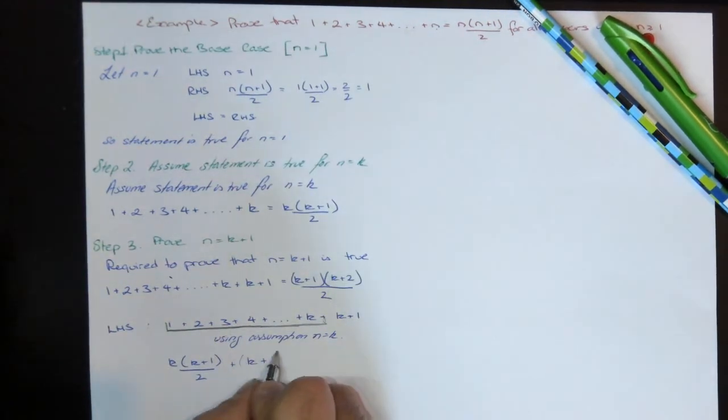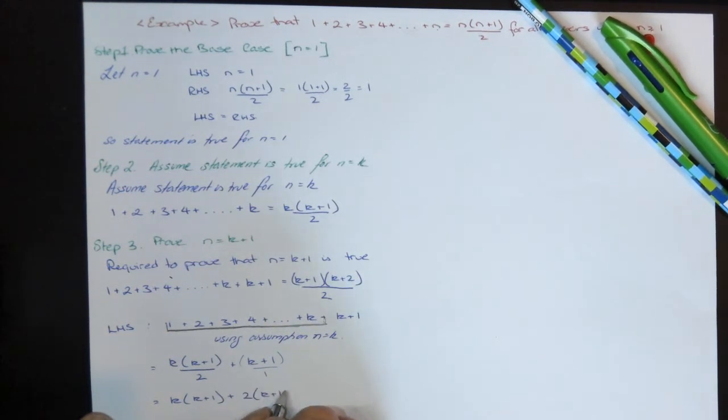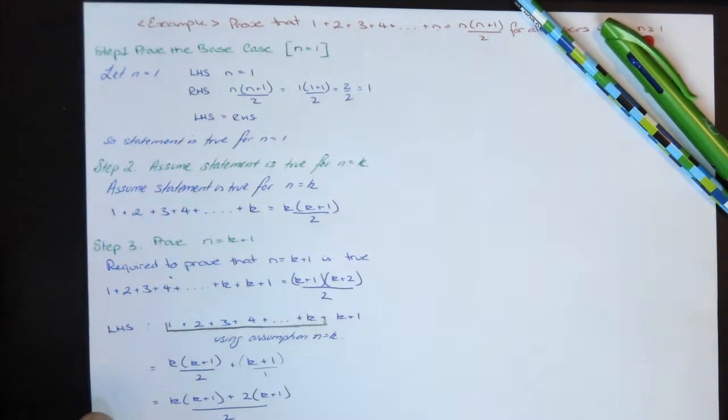Well, that's just the same as k plus 1 over 1. So we've got two fractions. We're going to basically multiply this by 2, so we get k plus 1 plus 2 lots of k plus 1. That's all over 2.